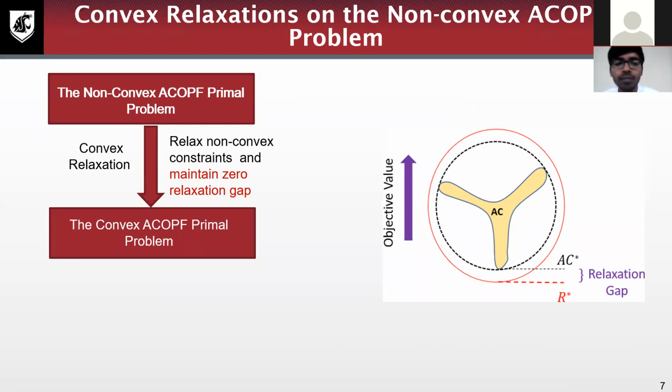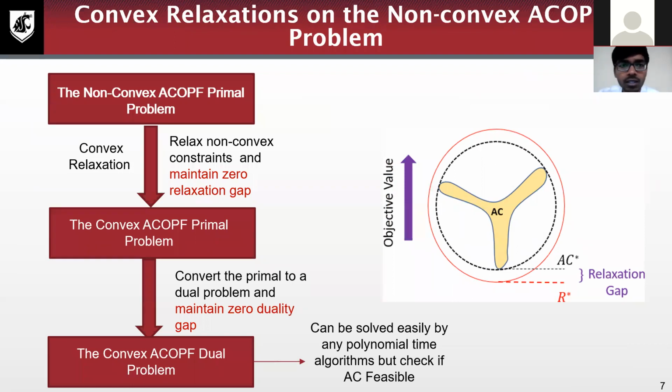So researchers have come up with two things to solve a non-convex ACOPF problem. One is called convex relaxations. What researchers do is that they expand the AC feasible space of the problem. If you see on the right hand side, this is a very non-convex AC space, shown by this yellow filled space.